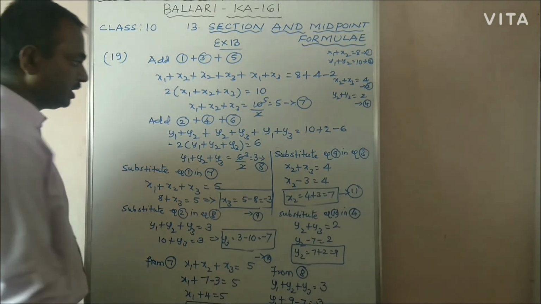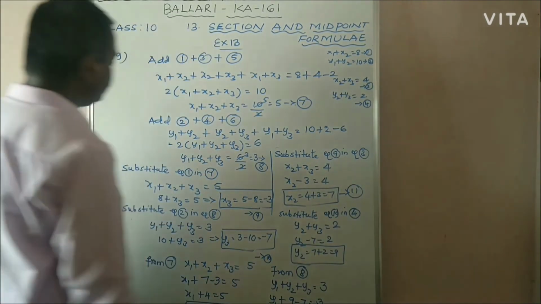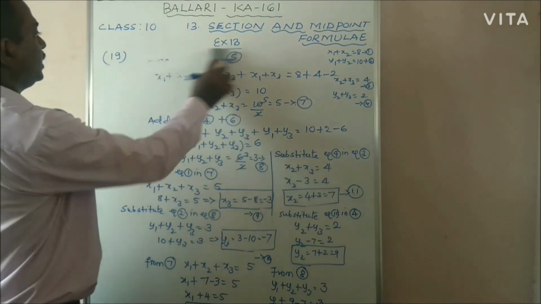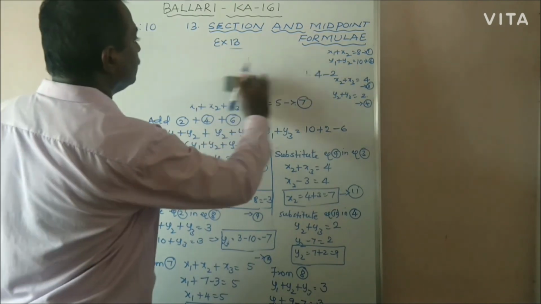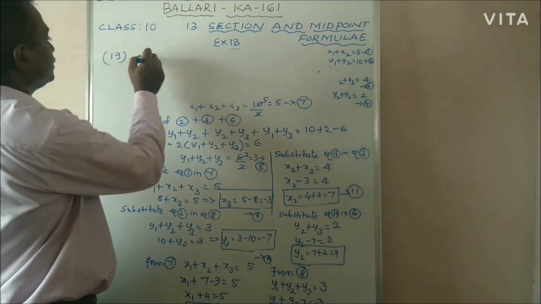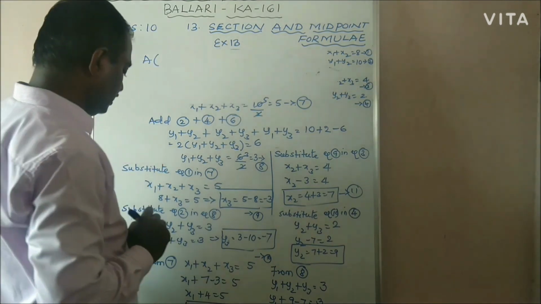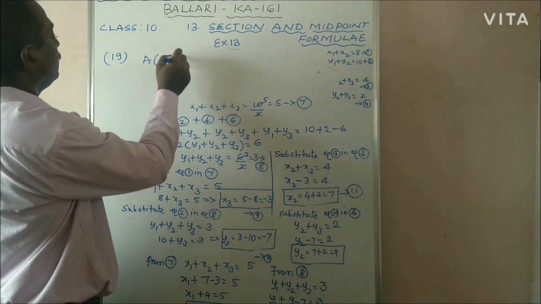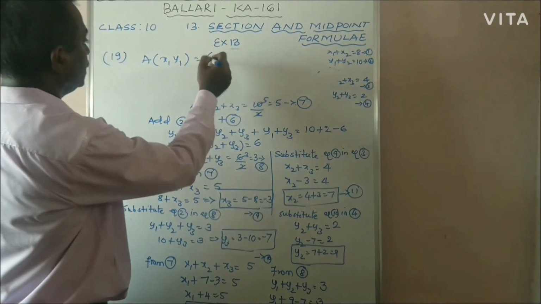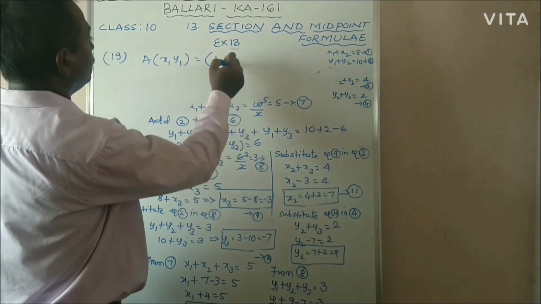Therefore, we will write the coordinates now. What are the coordinates? A coordinates x1, y1: x1 is 1, y1 is 1.